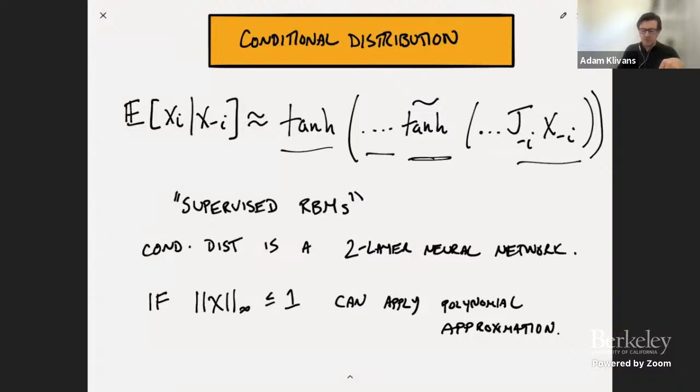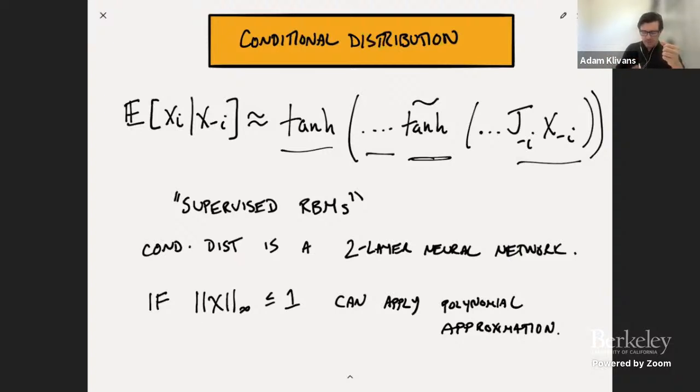Okay, and these are referred to as supervised RBMs, because again, you're taking a particular vertex i, assuming it's the label, and viewing it as some sort of complicated neural network in the other variables. But the point is that it is a two-layer neural network with some very strange activations.